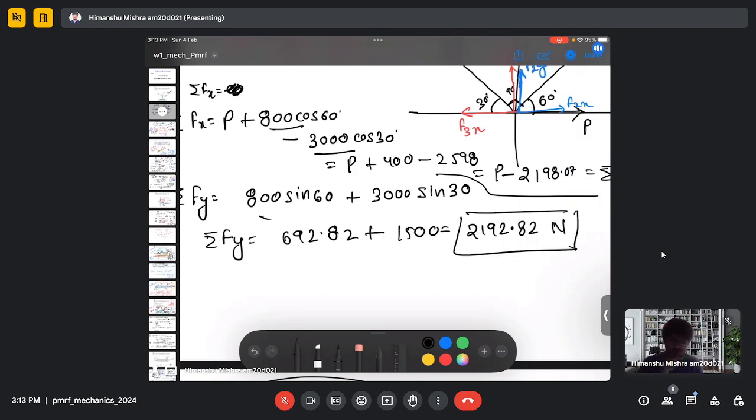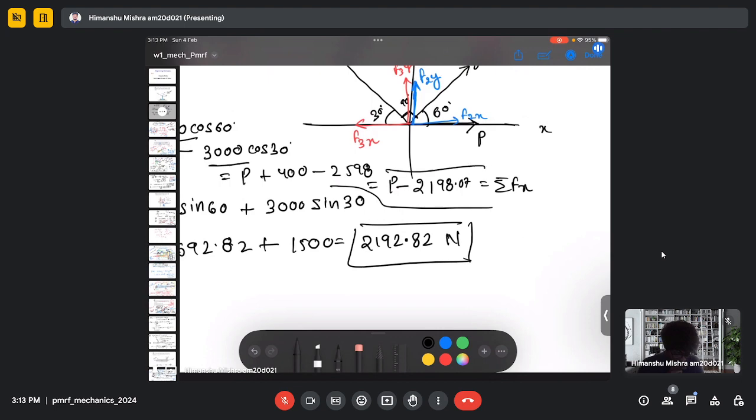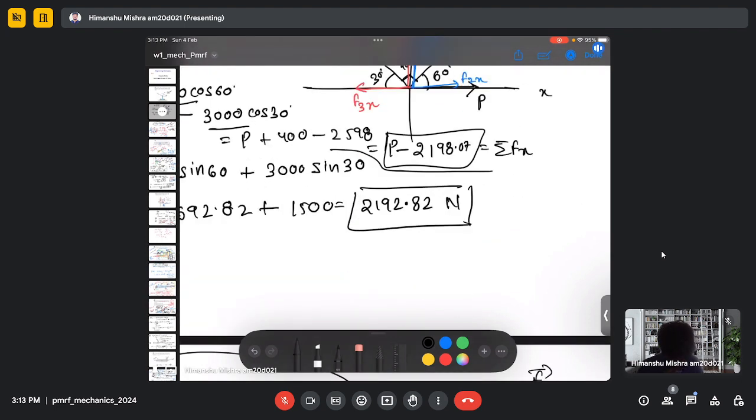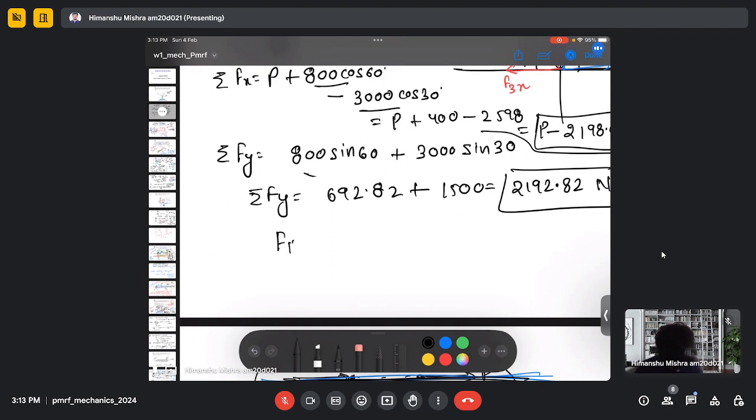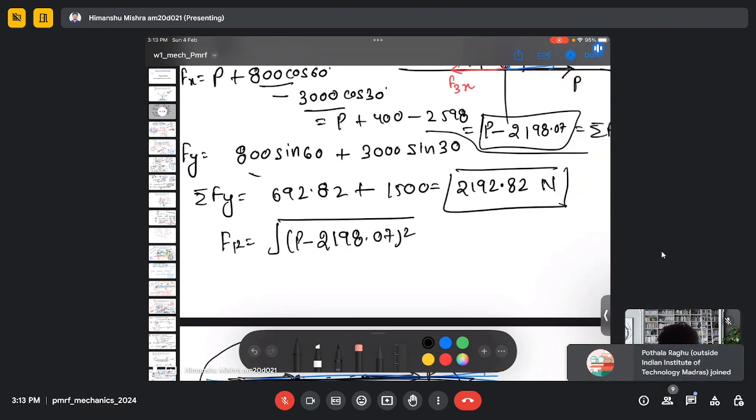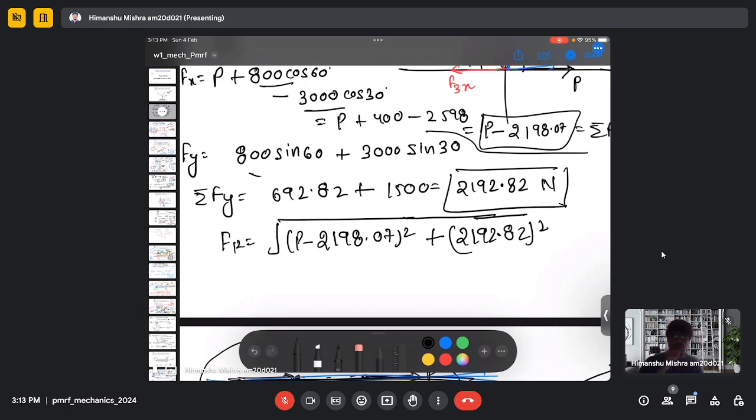This is my force in the vertical direction. So my resultant force will be the square root of (P minus 2198.07) whole squared plus (2192.82) whole squared. This is my expression for the resultant force.